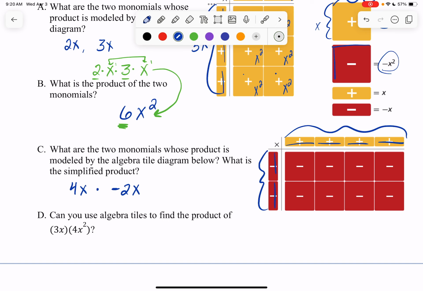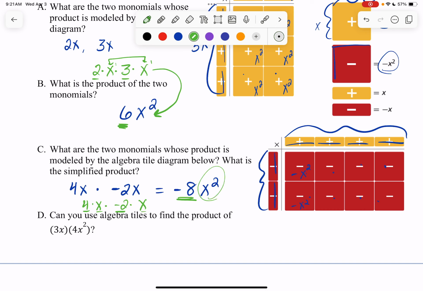Inside, each of these is a negative x squared, and I have 1, 2, 3, 4, 5, 6, 7, 8. So when I multiply them, I get negative 8x to the second, because 4 times x times negative 2 times x, 4 times negative 2 gets me that negative 8, and x times x is x to the second.